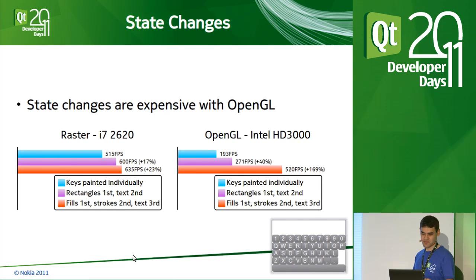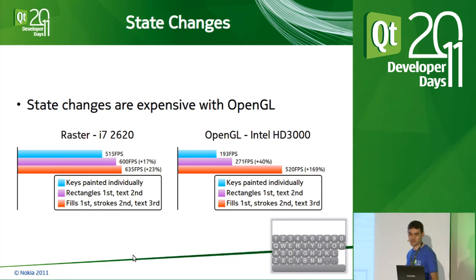But as you can see, both with Raster and OpenGL, the performance goes up. And that's because the state changes in the underlying paint engine are fewer. And as you can see, it is also much more significant on OpenGL than on Raster.